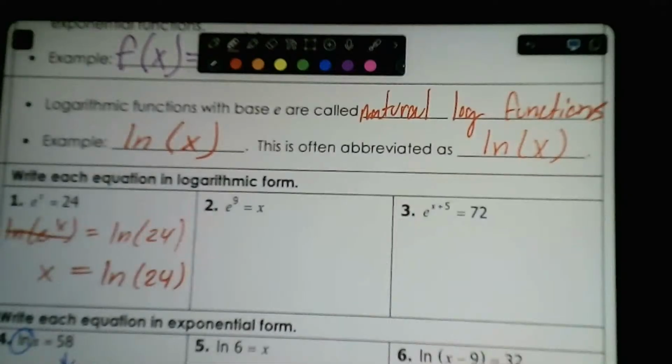All right. We're going to write each of these natural exponential equations in their logarithmic form. It's exactly the same as the other way, but instead of writing the word log, we're just going to write ln for natural log.